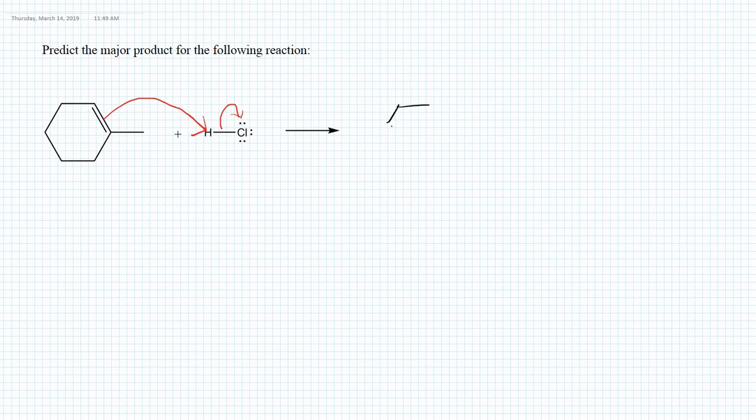two intermediates. The first one is going to be a carbocation. Let's draw the intermediate. So we have methyl here. We have two possible sides of hydrogen addition, either here or here. Let's add to both, so we might have two possible intermediates.